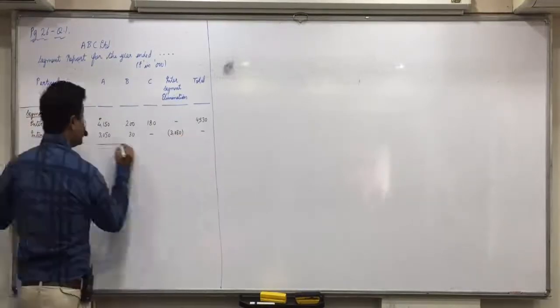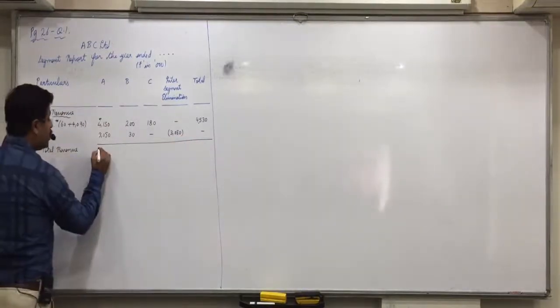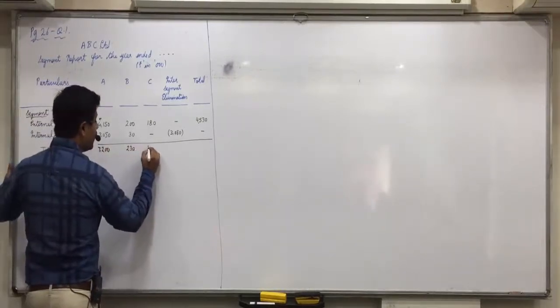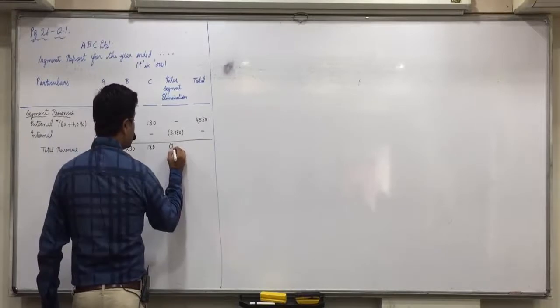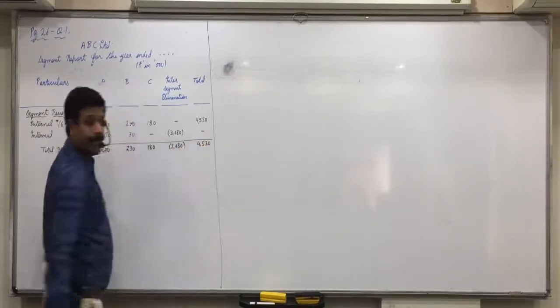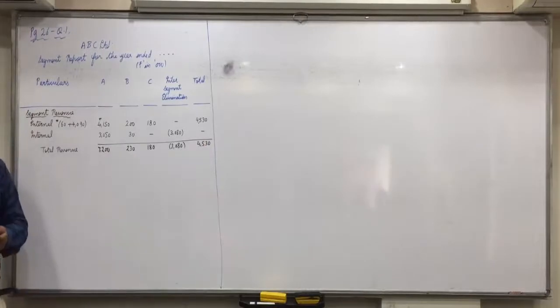Any doubt in this? Total revenue 7200, 230, 180 minus 3080, so that will again be 4530. Any confusion up till here? Raise your hand. Anyone still writing up till here?